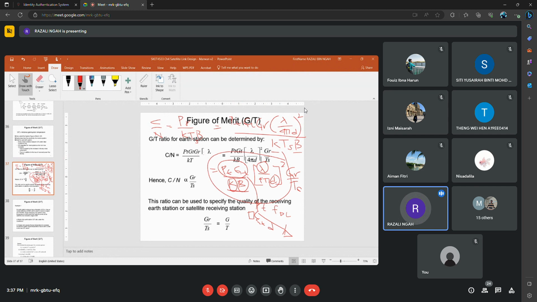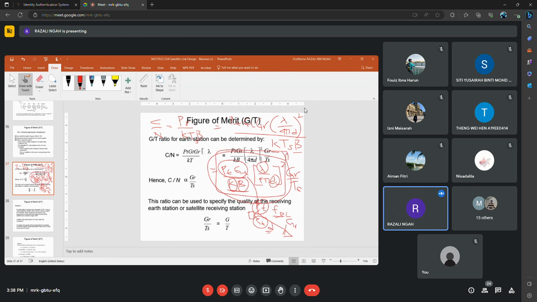So the power on the satellite, we fix at a certain value. GT depends on the antenna size used in the satellite. Frequency is also fixed, distance is also fixed. So all these parameters are fixed.